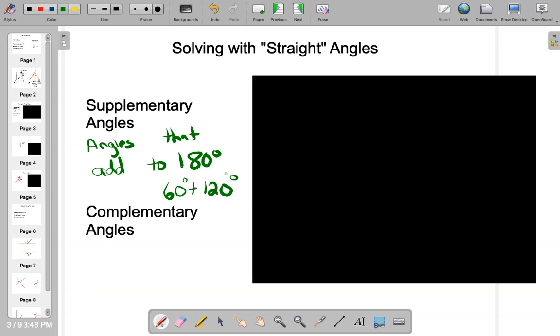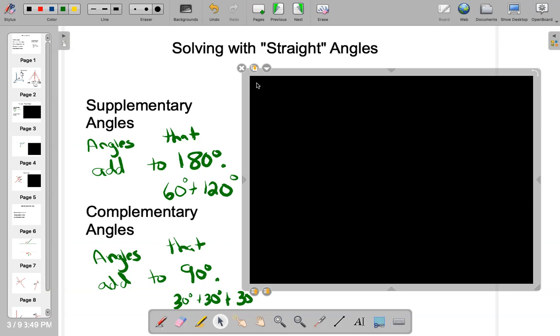However, complementary are angles that add to 90 degrees. And I have to remember that I can do more than 2 angles to be supplementary or complementary. So for this one, 30 plus 30 plus 30 would also be complementary.